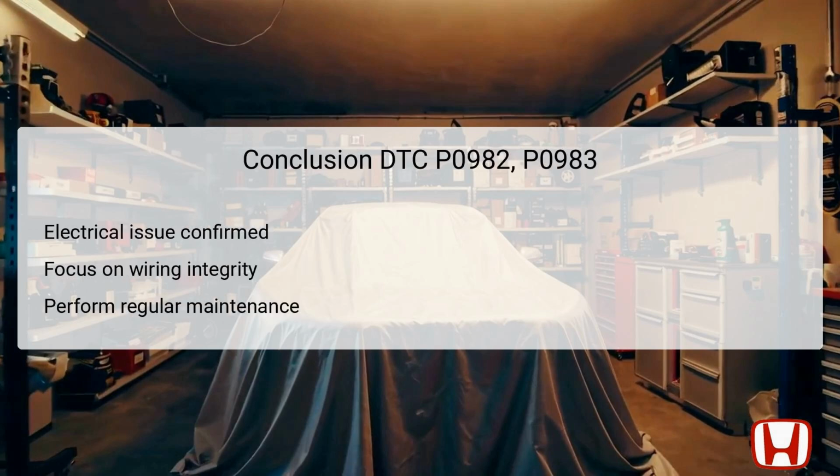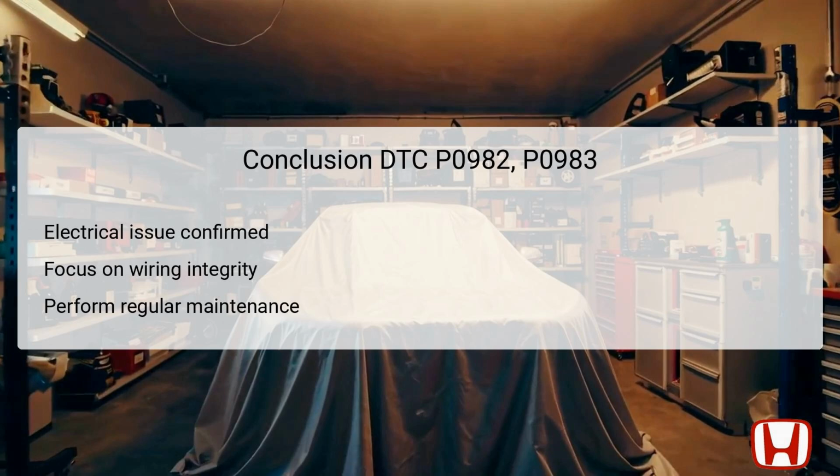In conclusion, DTCs P0982 and P0983 highlight electrical issues related to the Shift Solenoid Valve D in the Honda Pilot from 2016 to 2022. Troubleshooting these codes requires a systematic approach, focusing on the integrity of the wiring and connections involved.